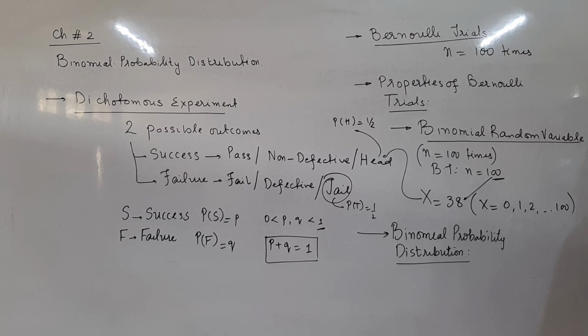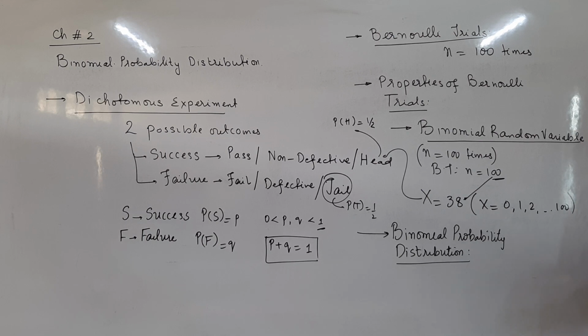So, summing up, we were interested in finding or defining the binomial probability distribution. So, what is the definition of binomial probability distribution? The probability distribution of a binomial random variable is called binomial probability distribution.